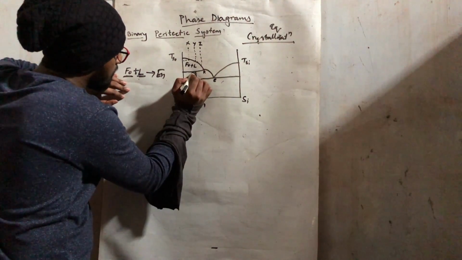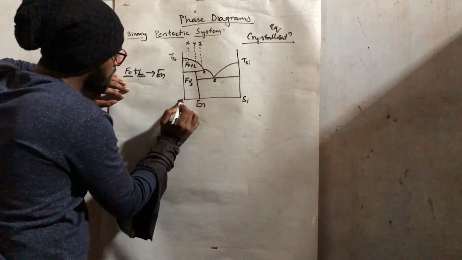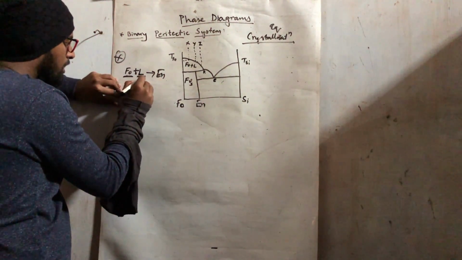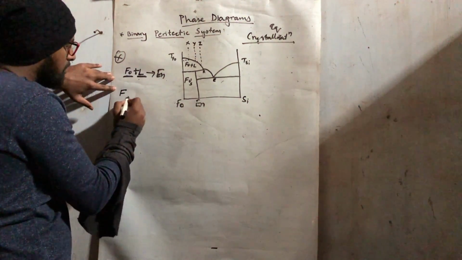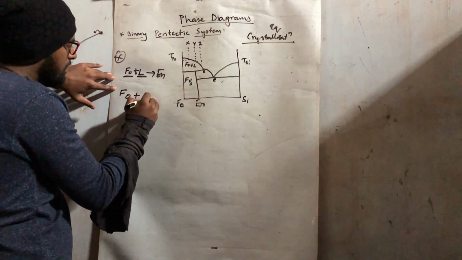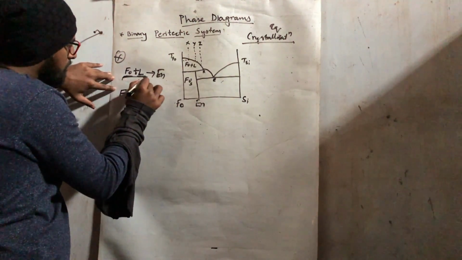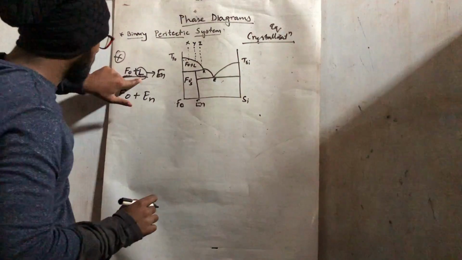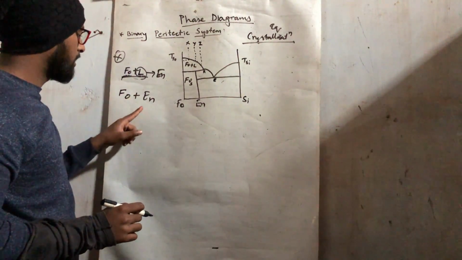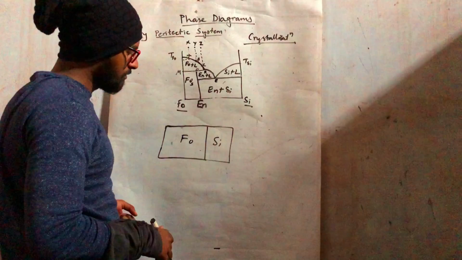If the composition is more enriched in forsterite, then the liquid will be consumed. That means the final product will be forsterite plus enstatite. All the liquid that we have will react with the forsterite.